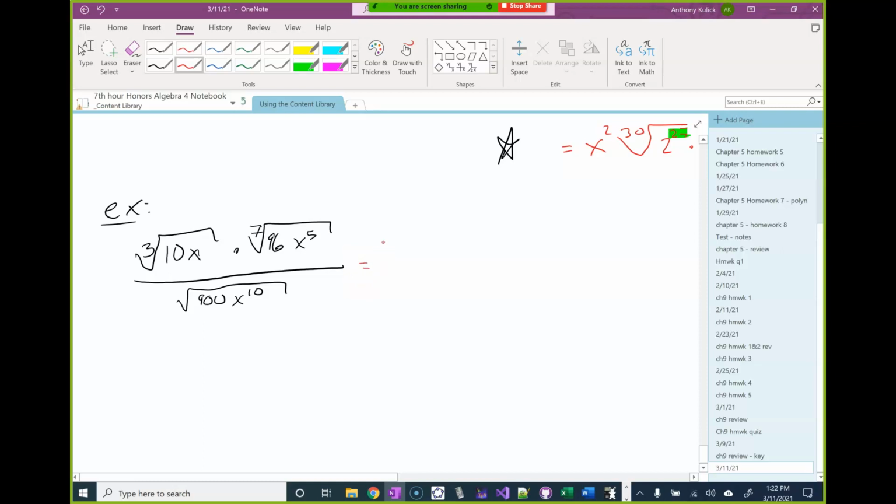Again, the first thing I'm going to do is just the prime factorization. So 10 is just 2 times 5. 96 is 2 to the 5th times 3.